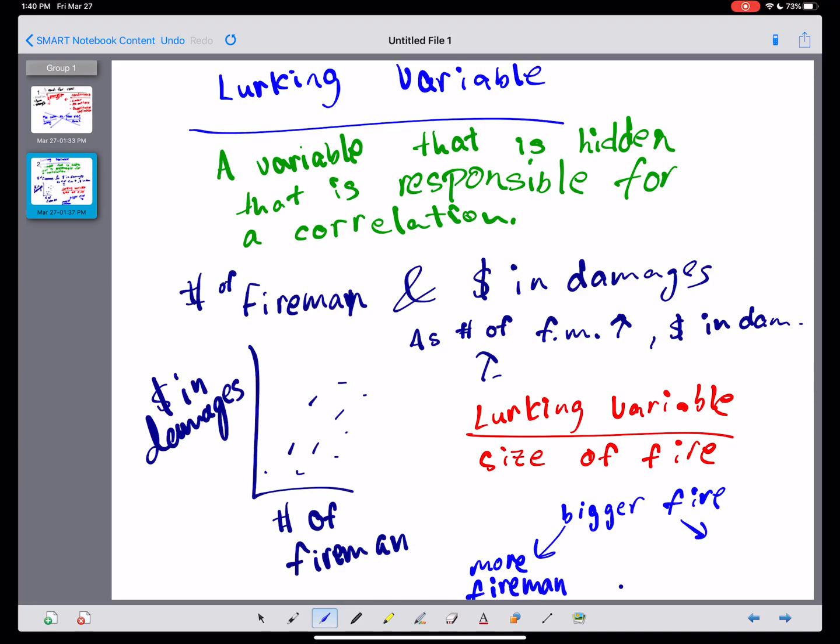The bigger the fire, the more money in damages there are. So that's the variable that's in between the two that ties them together. And that's what a lurking variable is. It's really hard, and you guys are going to need to do examples to see it more, right? If you need more, just give me a text on that Google Voice number, or email me, or leave me a classroom comment, and I'll look up more and give you more examples of a lurking variable. Okay. All right.